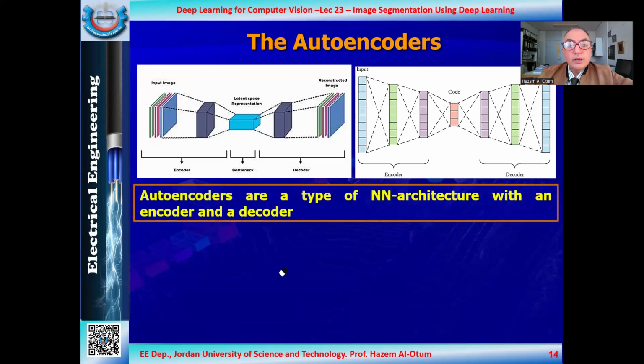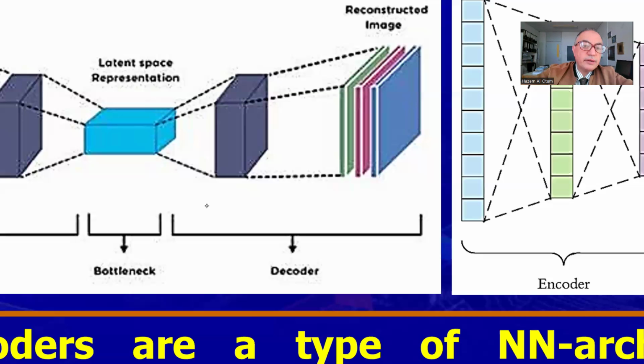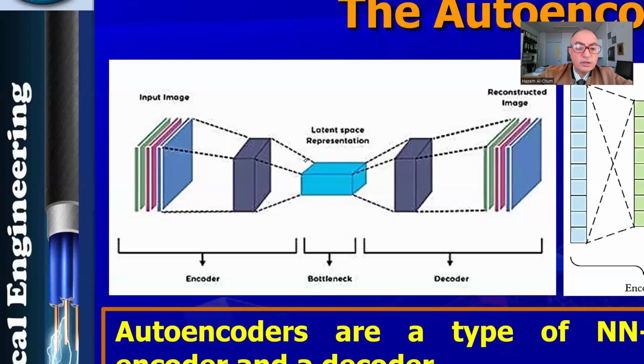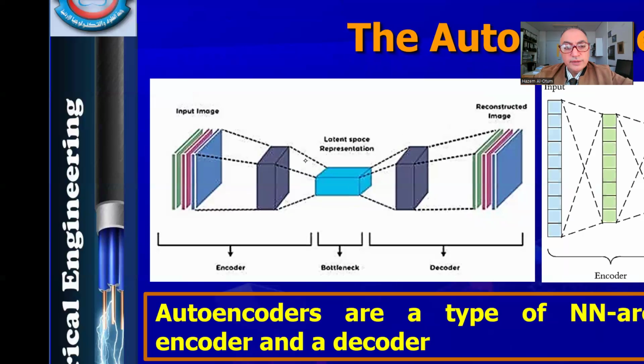Another way to represent this, we can look at this block diagram, or the block flow chart. So we have the input image. This is the encoder, followed by the bottleneck, where we have the latent space representation, which is the very condensed representation of the features in the image.